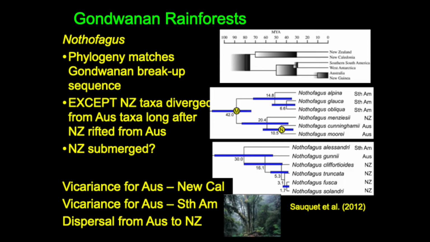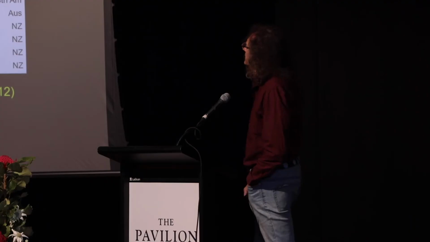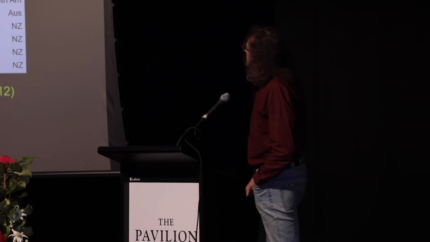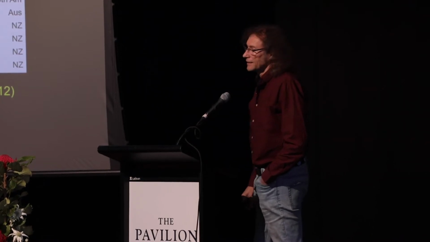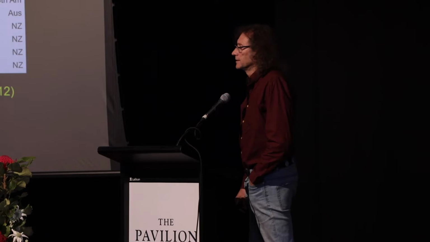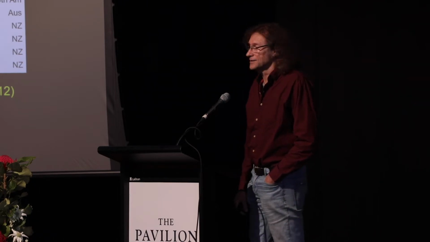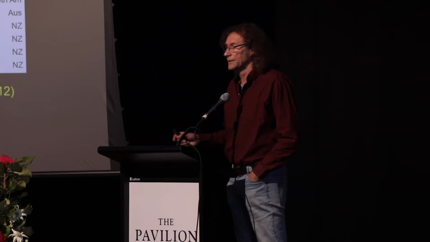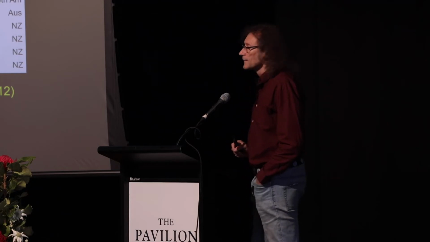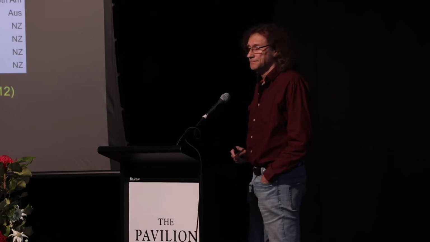So you'll see that Australia and New Guinea were the last to become isolated from one another, and that was quite recent. And that New Zealand and New Caledonia actually separated from Australia a long, long time ago. What is it there, 70 million years or something. And Australia actually maintained its connection with the Antarctic and South America for a much longer period.